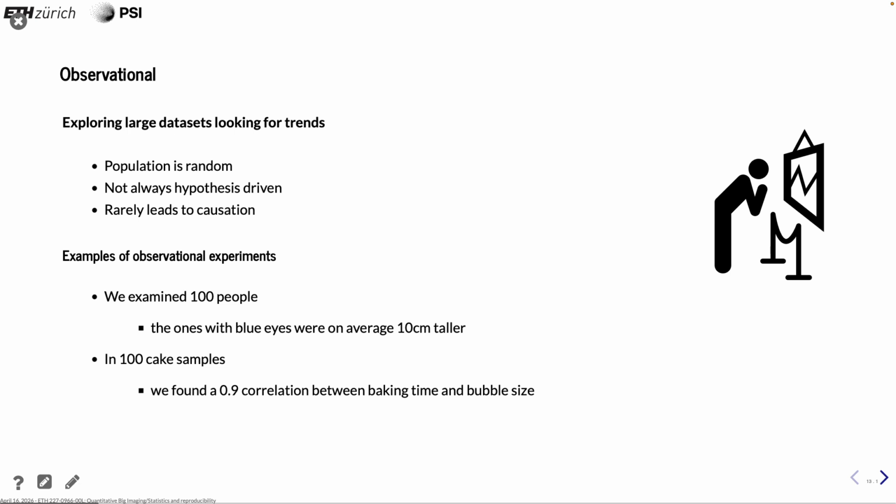So for example, if we examine 100 people, we see that the blue-eyed ones are 10 centimeters taller. If we have 100 cake samples, we find there is a 0.9 correlation between baking time and bubble size. Things like that we can observe. But actually, already with the baking time, we could have that as a controlled variable.